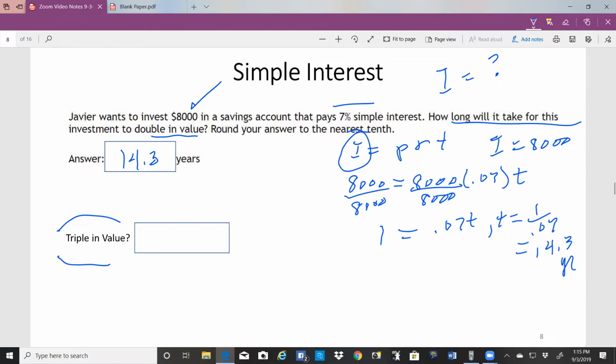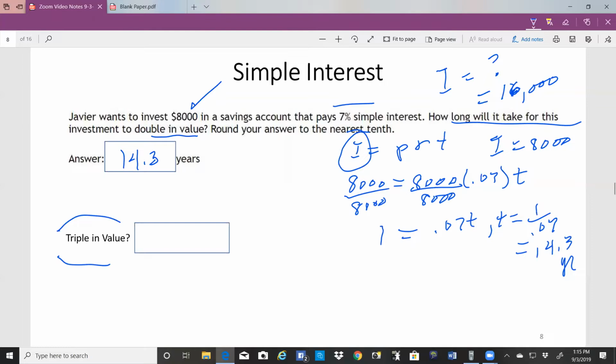The interest would have to be $16,000, because the 16,000 plus the 8,000 would be 24,000, which would be 3 times the amount.